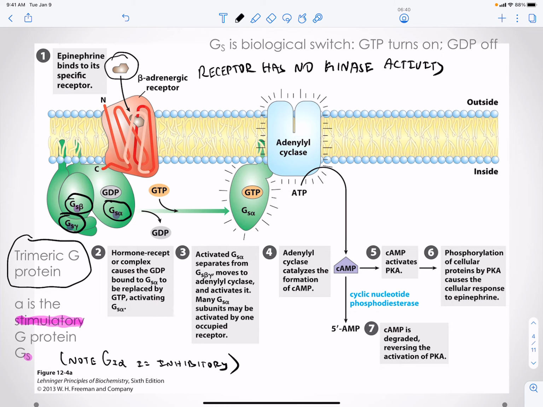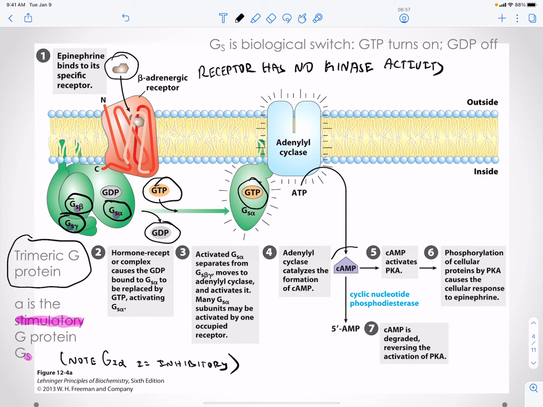Basically you're going to have a hormone bind, you're then going to have the G protein get activated, so you're going to replace GDP with GTP, and you're going to have your activated G alpha subunit. This is going to activate adenylyl cyclase.